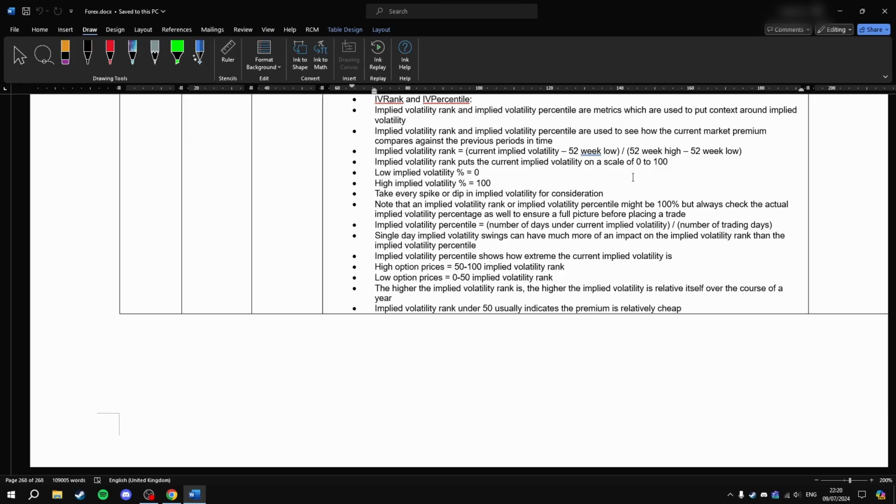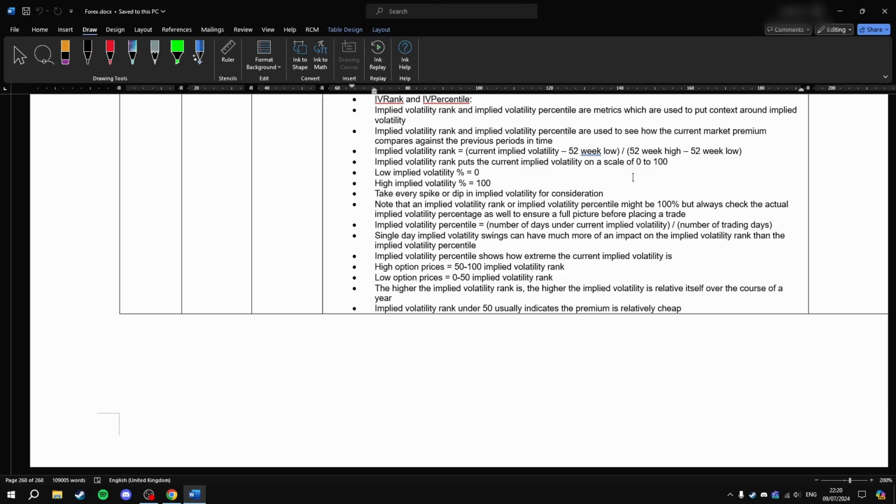So implied volatility rank puts the current implied volatility on a scale of 0 to 100, with low implied volatility being 0% and high implied volatility being 100%. Take every spike or dip in implied volatility into consideration. However, note that an implied volatility rank or percentile might be 100%, but always check the actual implied volatility percentage as well to ensure the full picture before placing a trade.